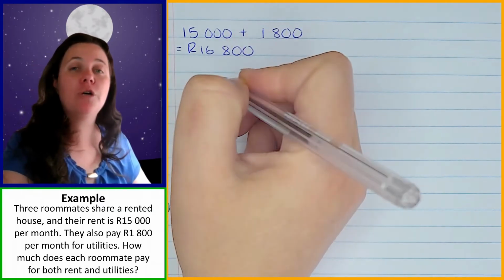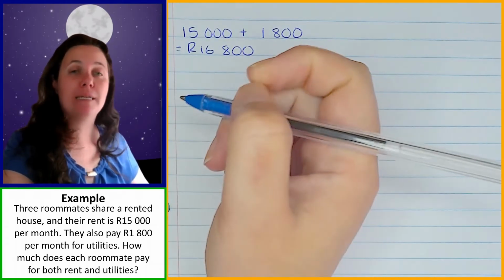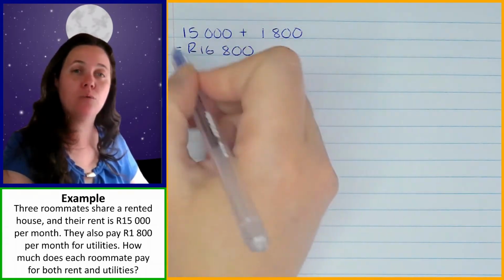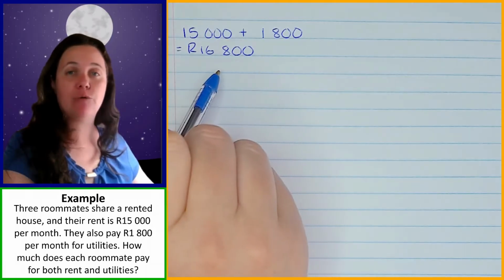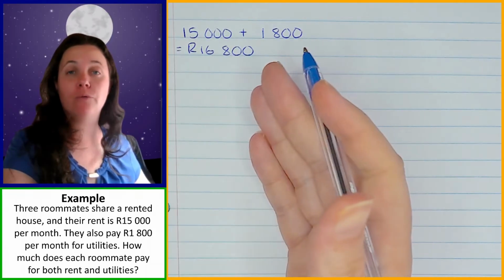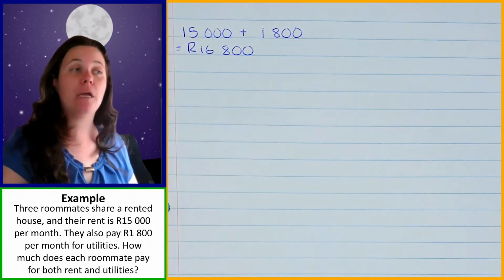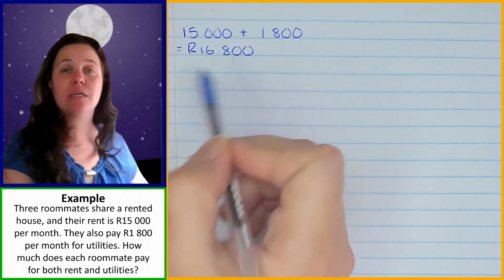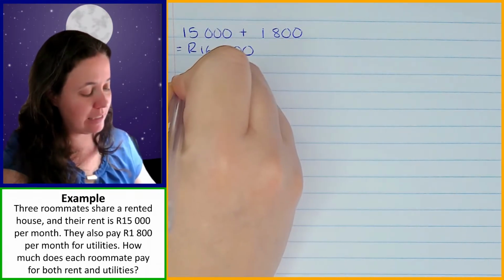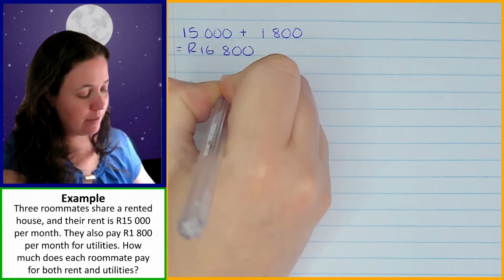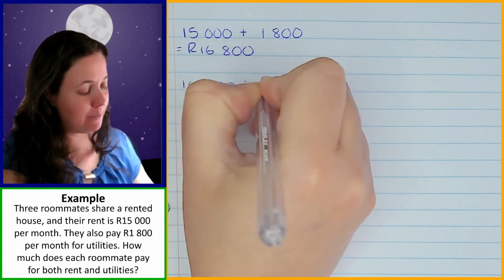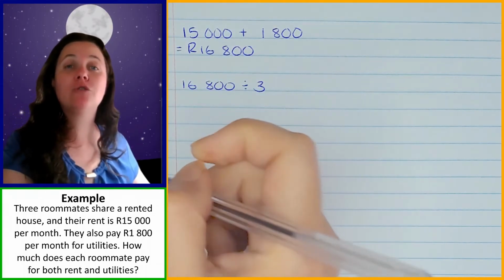Okay, now to work out how much each roommate is going to pay, because if one person was renting out this house, that is how much they would have to pay. But because there are 3 people renting out the house and they are sharing the cost, we can divide this by 3. So we're going to take the 16,800 and we're going to divide that by 3 to find out how much each roommate is going to pay.